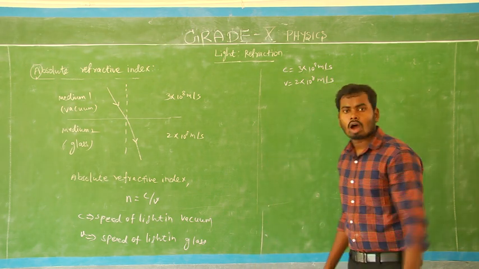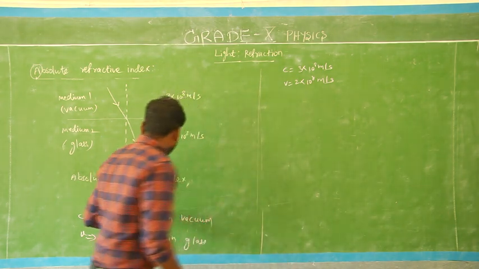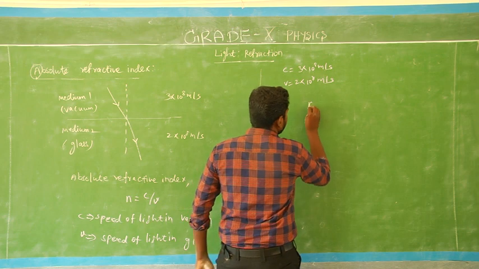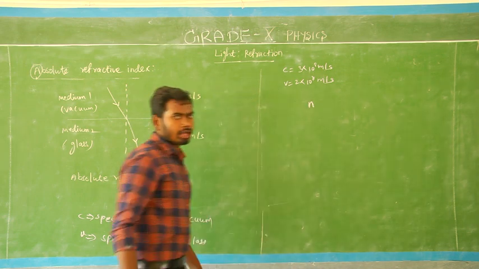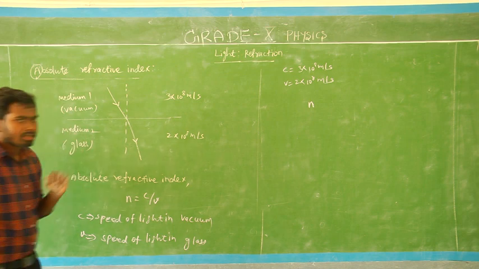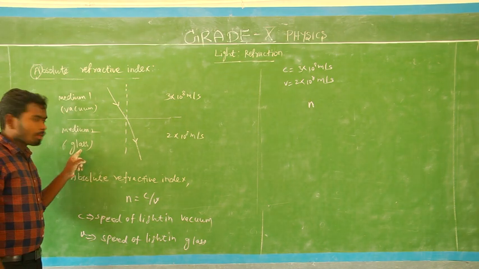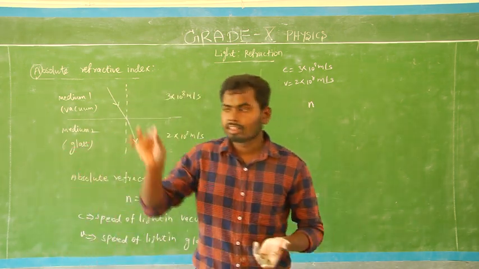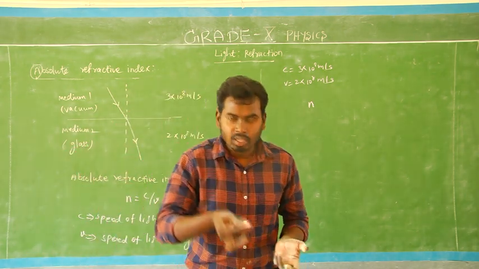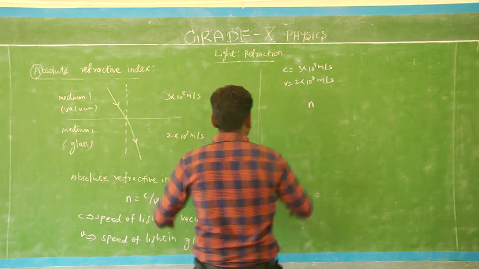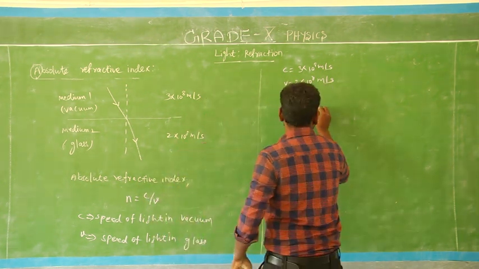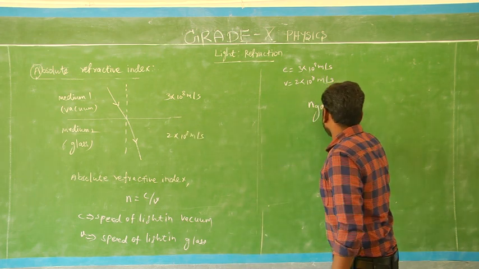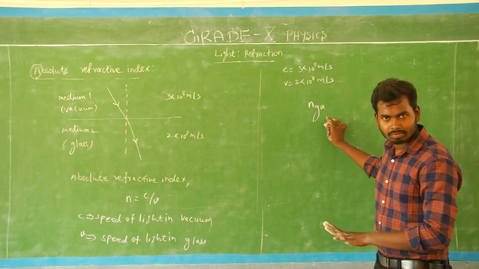Now we consider the absolute refractive index value, denoted by the letter n. Here, which medium bends the light? The glass medium. Whichever medium bends the light, that medium's letter is written first. So here, refractive index of glass with respect to air. But this is the wrong method.